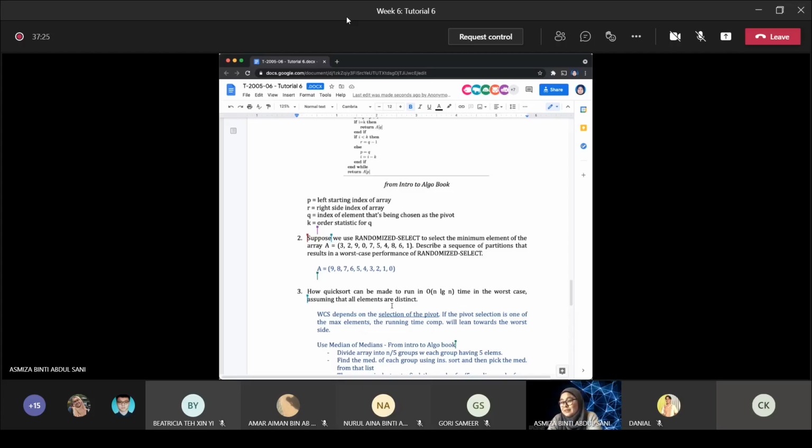So in this case, since we want to find the minimum element in the array, the sequence of partitions that will result in the worst case is when we partition around the maximum element in the array. So the sequence will be 9, 8, 7, 6, 5, 4, 3, 2, 1, 0.